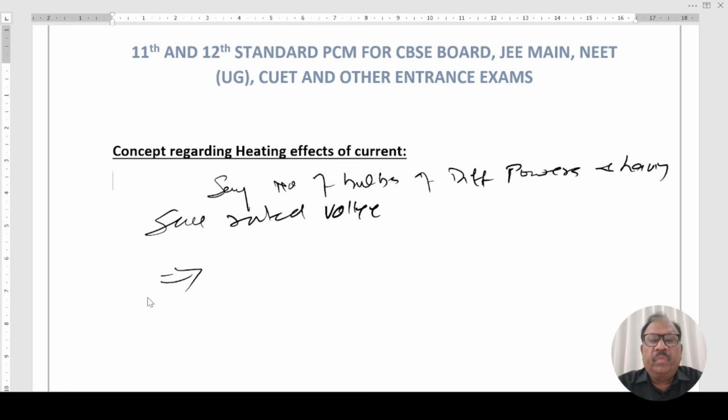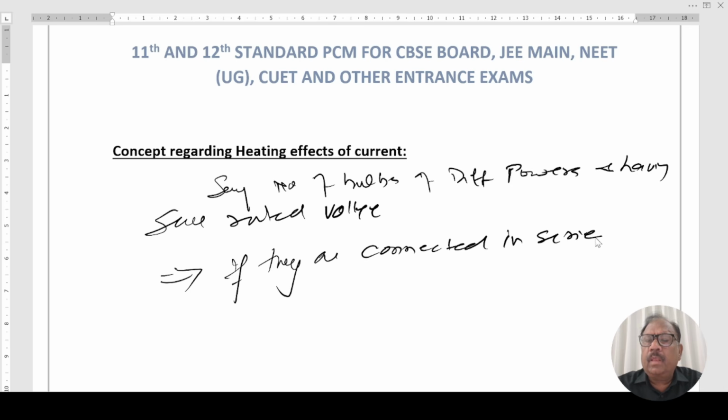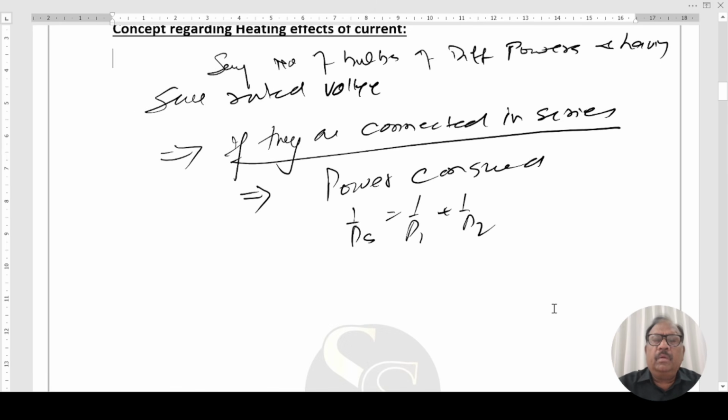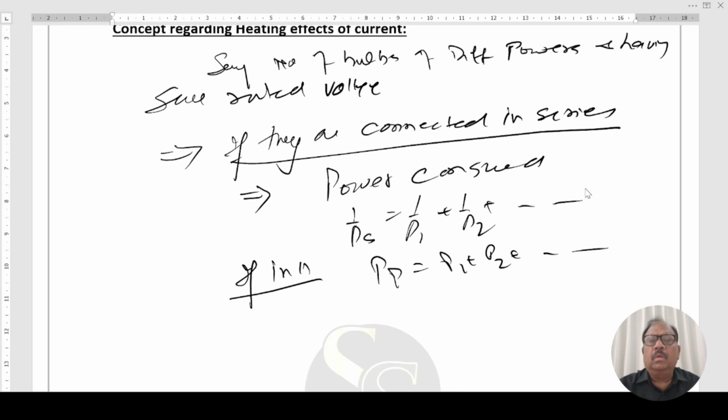If they are connected in series, the power consumed will be 1 over Ps equal to 1 over P1 plus 1 over P2. If in parallel, Pp equal to P1 plus P2.